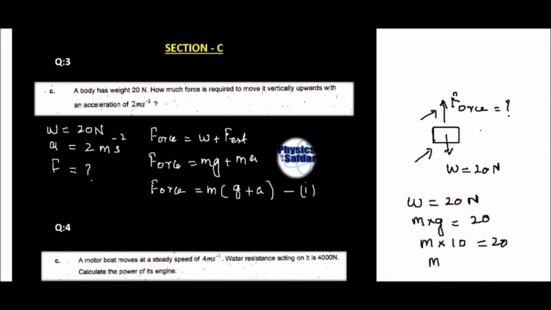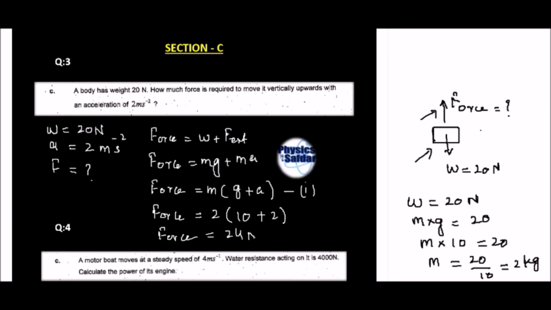And finally, m is equal to 20 over 10. It gives 2 kilogram. Now we can use the equation number 1. After the simplification, we get 10 plus 2 times 2, that is 24 Newton, and that is the final answer.